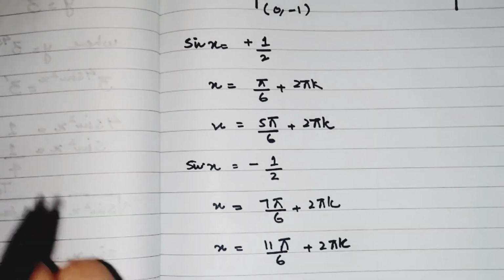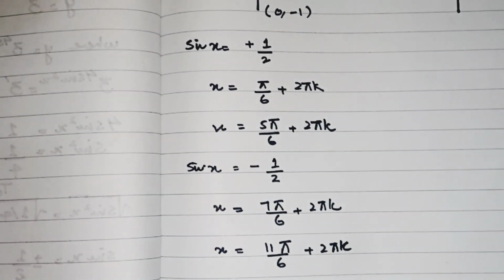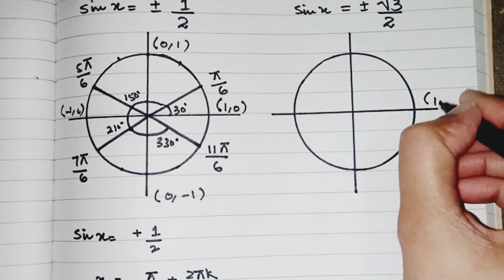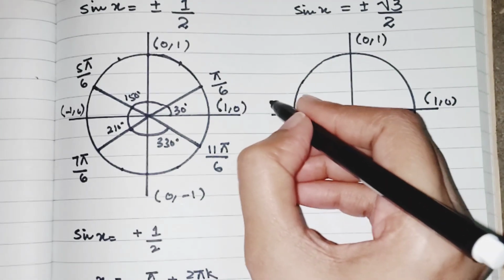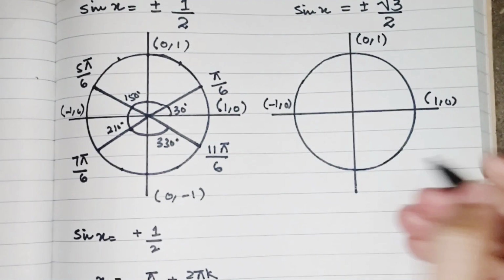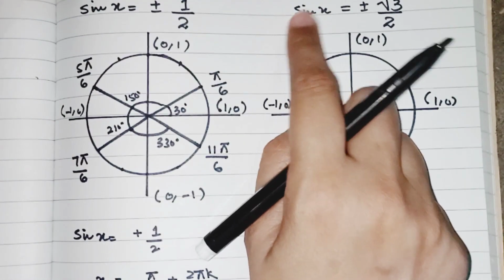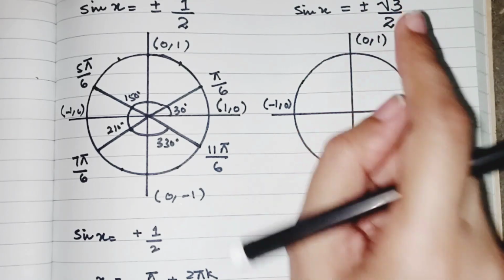Finding the remaining values for sine x equal to plus minus under root 3 upon 2, the quadrants are 1, 0, 0, 1, minus 1, 0, 0, minus 1. We all know that sine theta for the positive value root 3 upon 2 is 60 degrees.